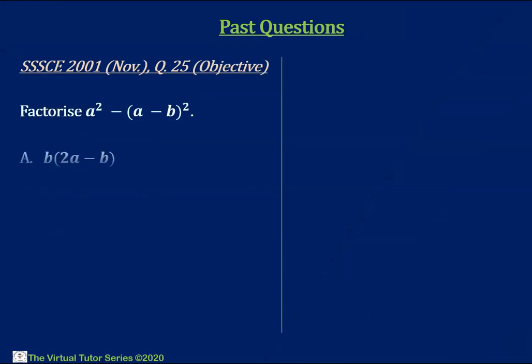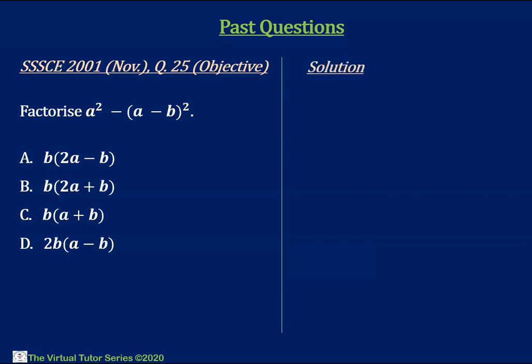Objective question 25 of SSCE 2001, NOVDEC. Factorize a² - (a - b)². Solution. We are given the expression a² - (a - b)².